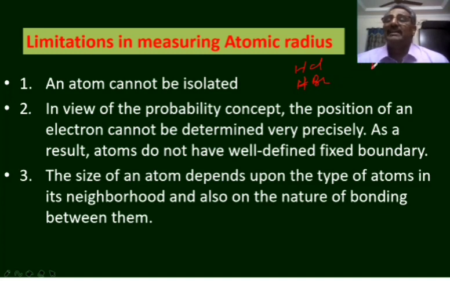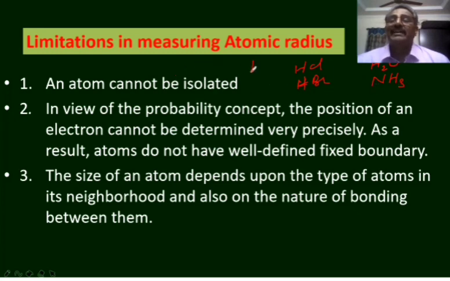In the same way, H2O, water, and ammonia. Here also, the size of the hydrogen atom depends upon the number of neighboring elements. That is, it depends upon the nature of the element to which it is attached and the number of neighboring elements also.